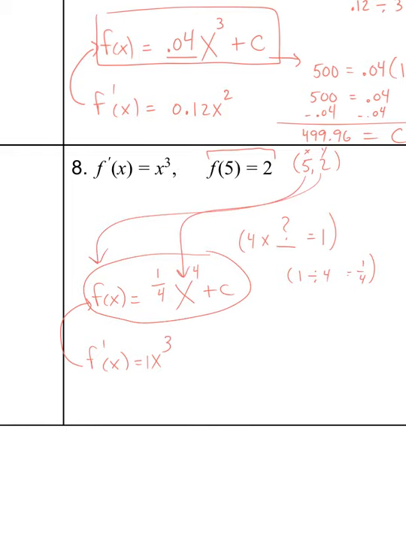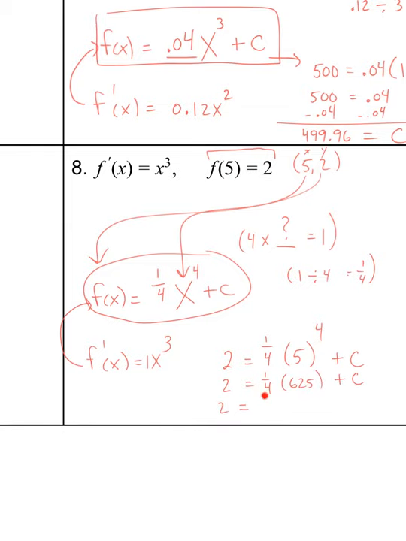It looks like this. 2 is equal to 1/4 times 5 to the 4th plus c. All right, now we just go to work. 2 is equal to, the 1/4 comes down, 5 to the 4th is 625 plus c. The 2 comes down.